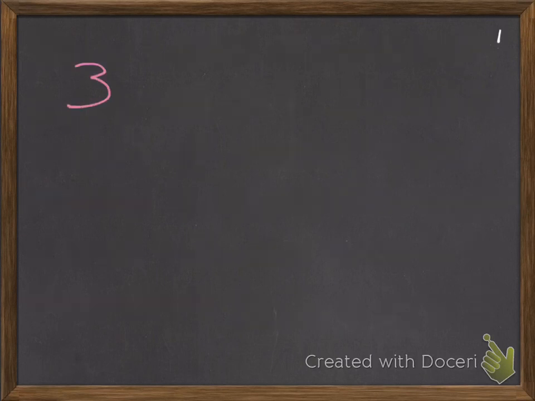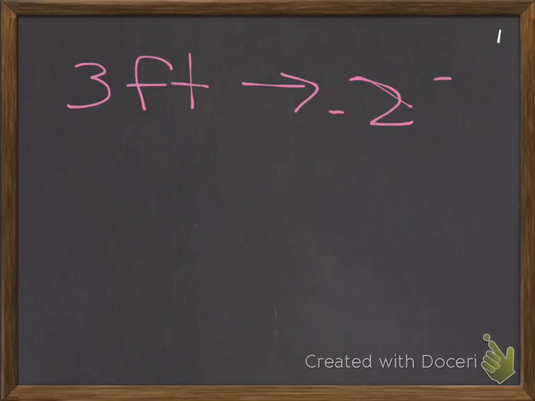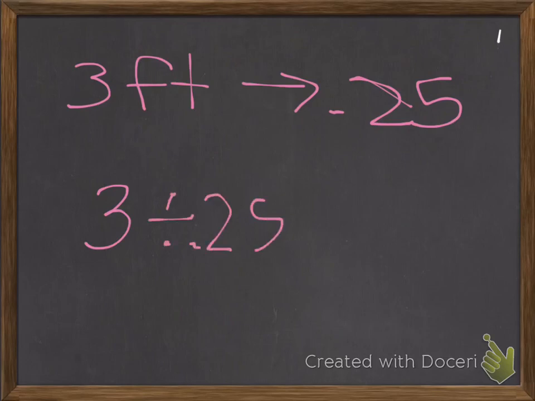So if you have 3 feet in your fish tank, and the fish tank level needs to be 0.25 feet, and the bucket holds 1.25 cubic feet, then that means you're going to have to do 3 divided by 0.25, which gives you 12, and then 12, whoops, that's not right.